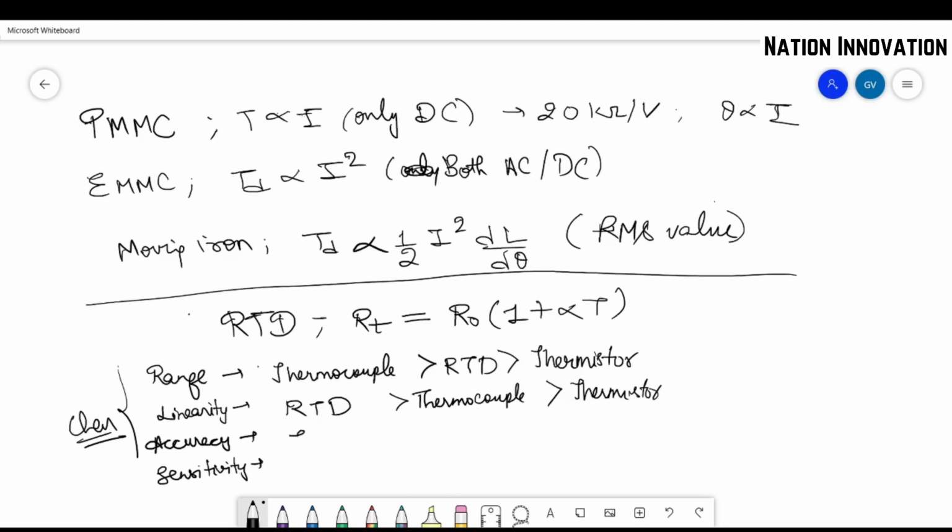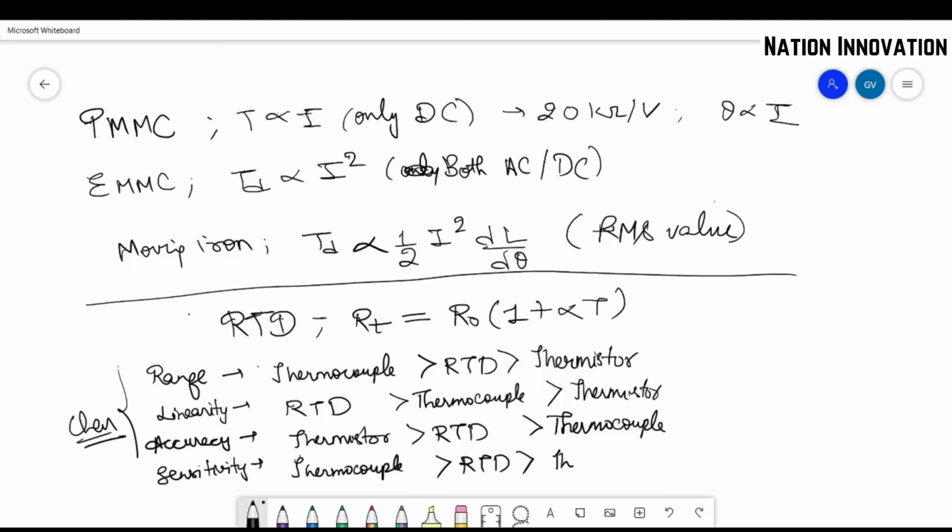Then for accuracy, we have thermistor as best, then RTD, then thermocouple, and then sensitivity is highest for thermocouple, then RTD, and then thermistor.